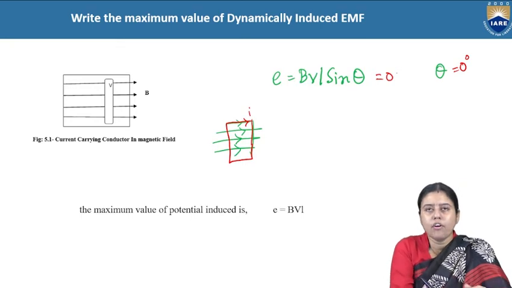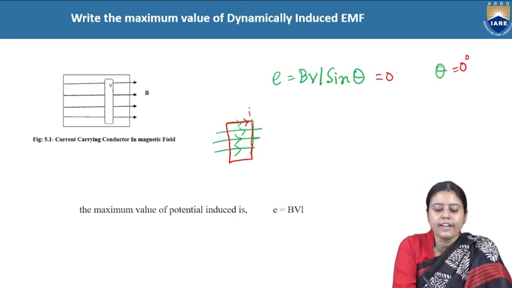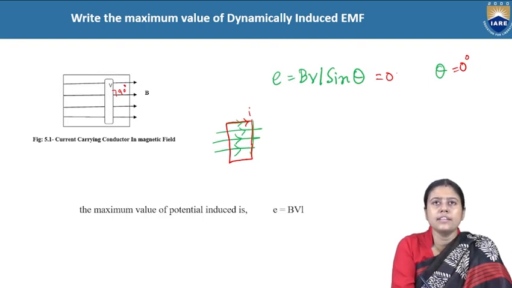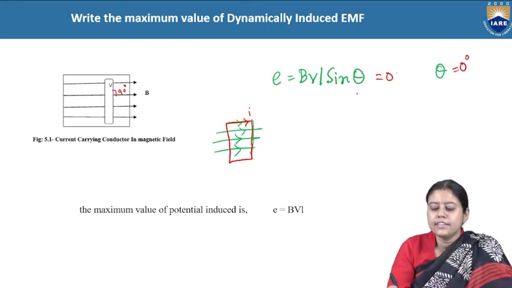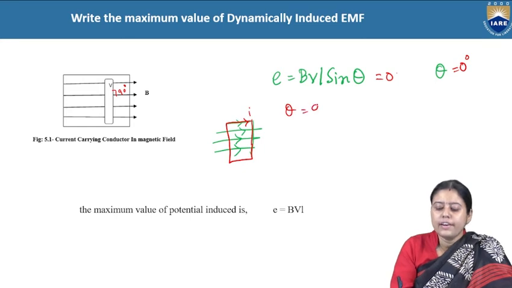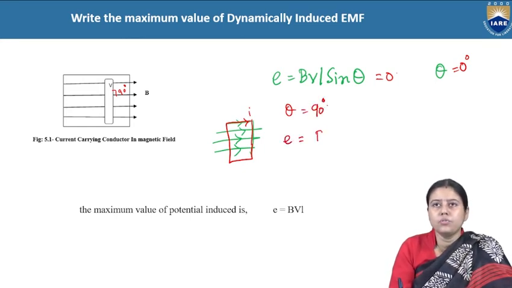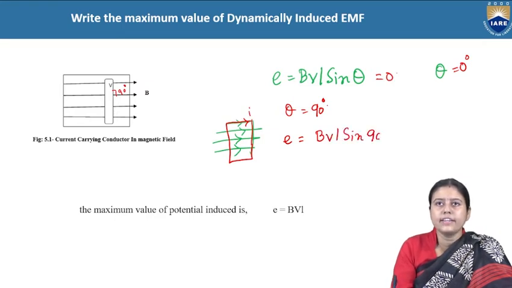But when the conductor is at a 90-degree angle with the B, we can write theta is equal to 90 degree. So what is E? E is equal to BVL sin 90 degree.